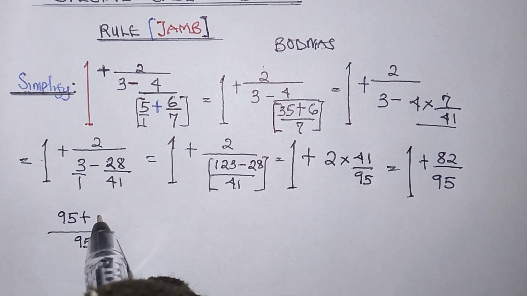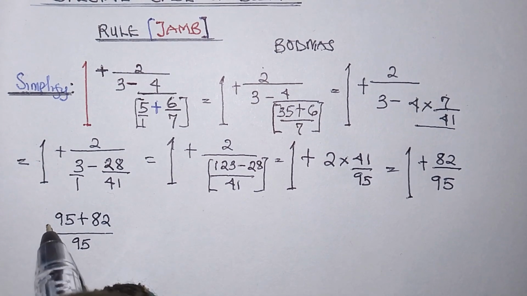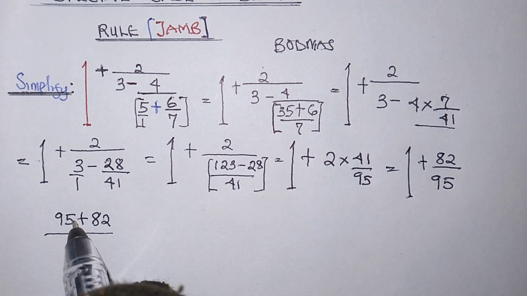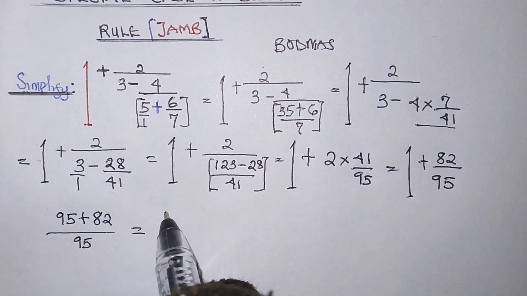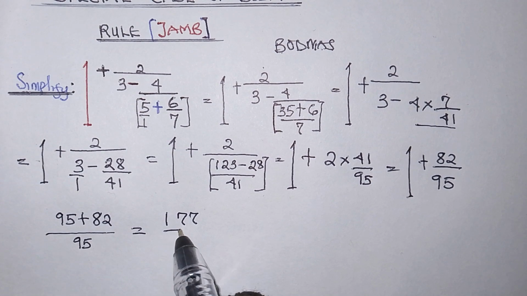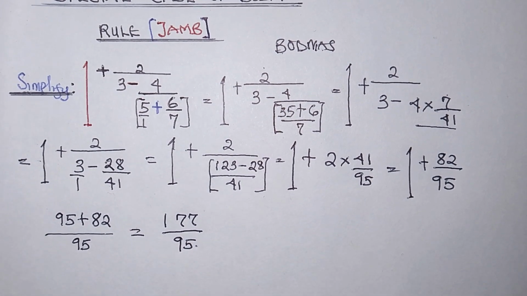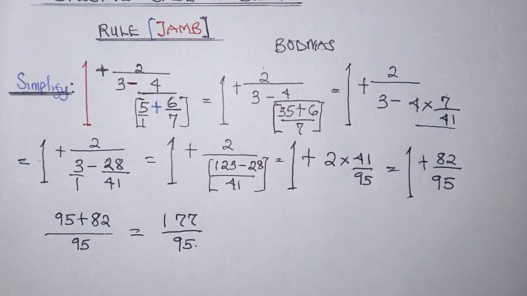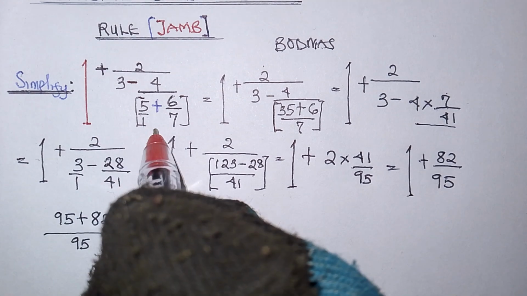Then we know that we are still going to add it to 82. So if we add 95 plus 82, we are going to have 177 all over 95.